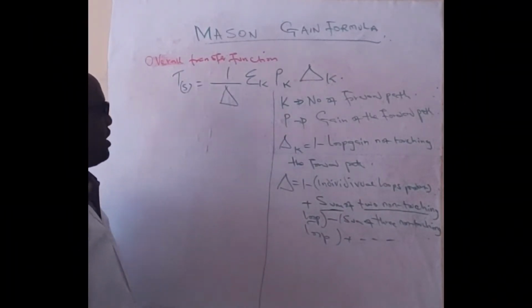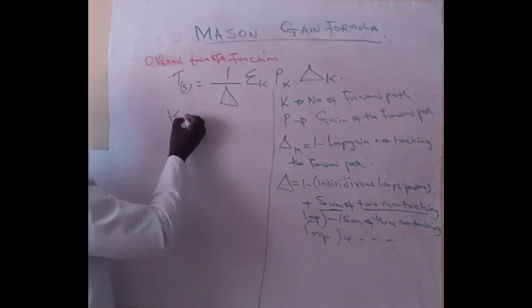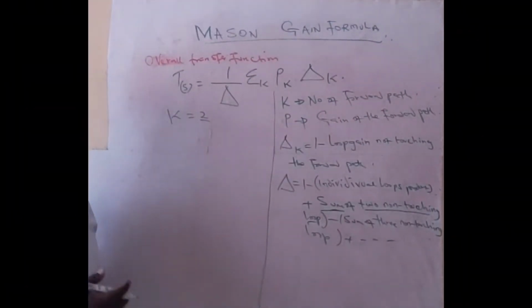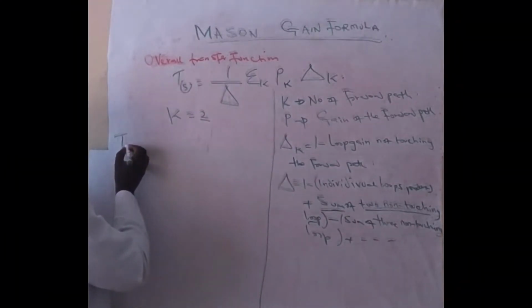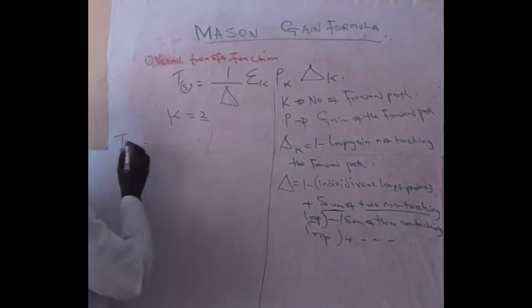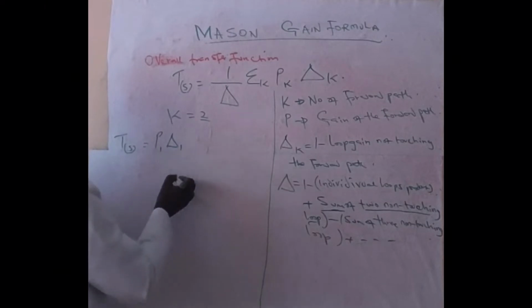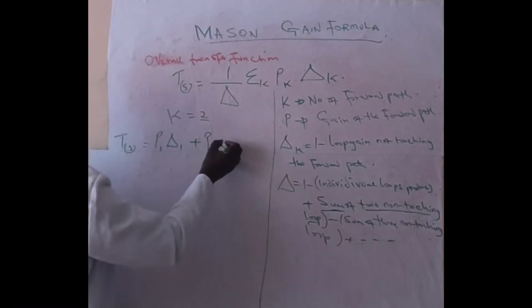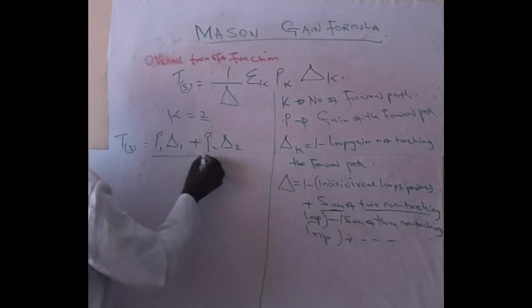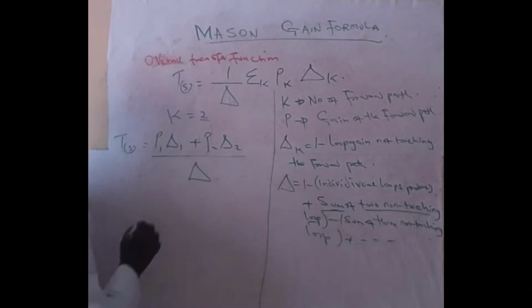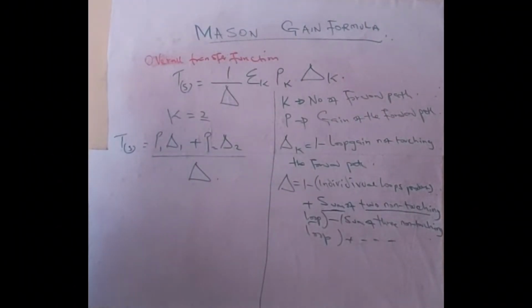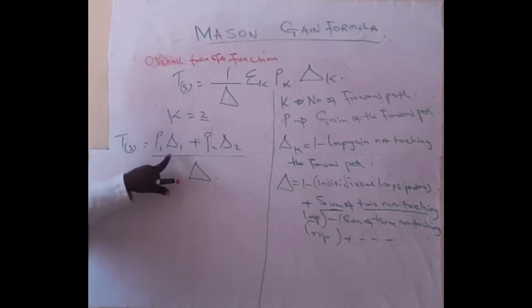So for example, if we take K to be 2, that means there are 2 forward paths. And what will be the formula? The transfer function will be P1 delta 1 plus P2 delta 2 all over the overall delta. So if we have two forward paths, then the formula will yield to this.